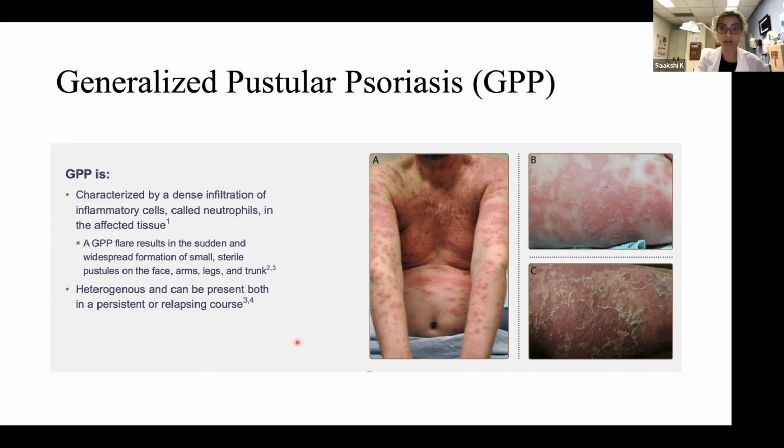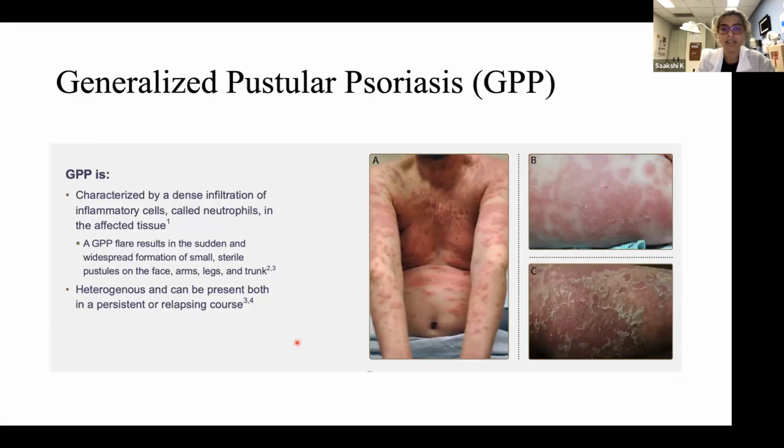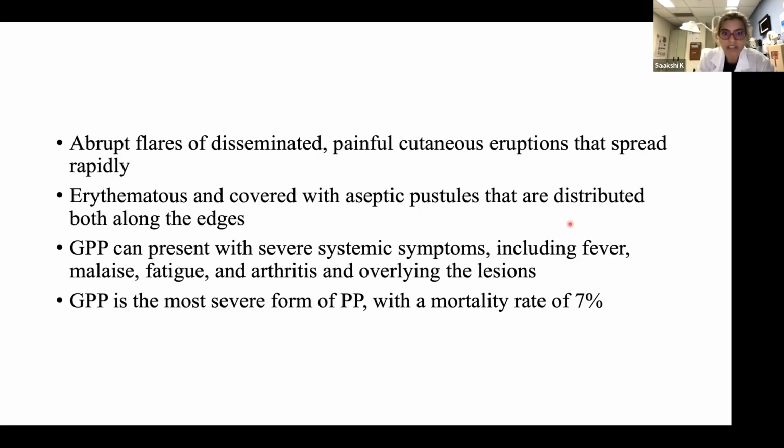Nobody really thought of GPP, so it's good to think of GPP in a patient that has these red patches with sterile pustules and has systemic complaints, whether it's fevers, malaise, arthralgias, fatigue, or certainly they're admitted to the hospital or the ER because there is a mortality rate which is about 7%.